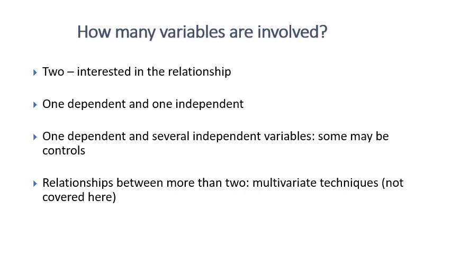Or the dependent and several independent variables, some of which may be controls. If we're looking at how many variables are needed for each research question, one sample tests are really asked about. The most common tests involve one independent and one dependent, or one dependent and several independent, some of which may be control variables, such as age and gender.